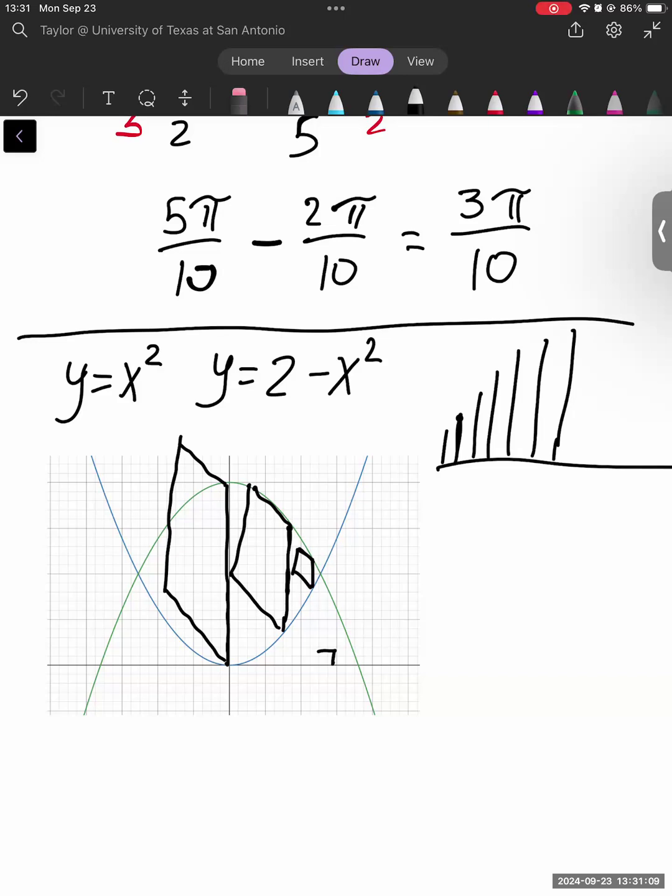Again, art is not my forte, so I apologize if this looks a little rough. But I'm sure you guys have seen these examples in WebWork, and WebWork definitely does much better at drawing them than I can. We kind of see what's going on here, though.